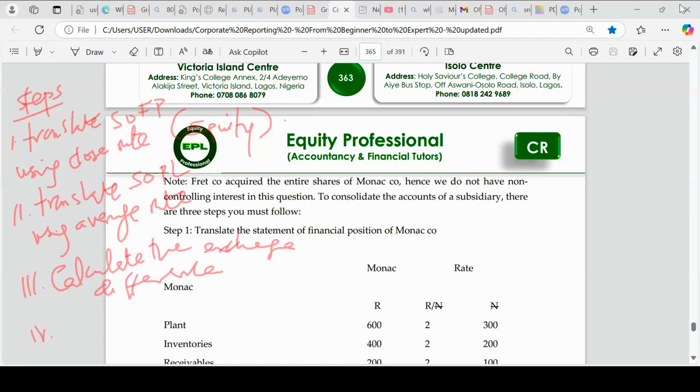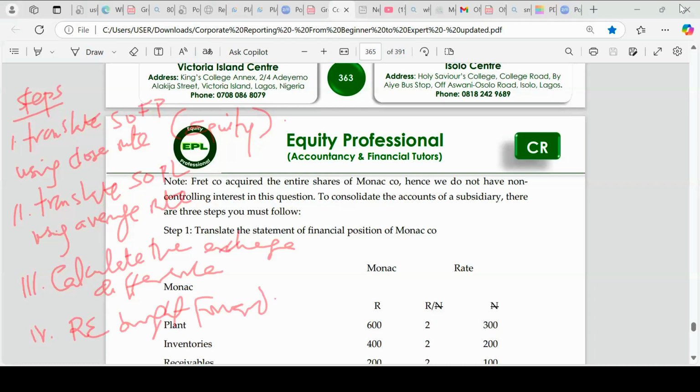And step four, if the question requires you to do a consolidated statement of changes in equity, then it means that you are going to need to calculate the retained earnings. We are going to look at how you are going to do that one. So these are the 4 steps that you must be able to do, combined with everything that we've already taught you in terms of consolidation.